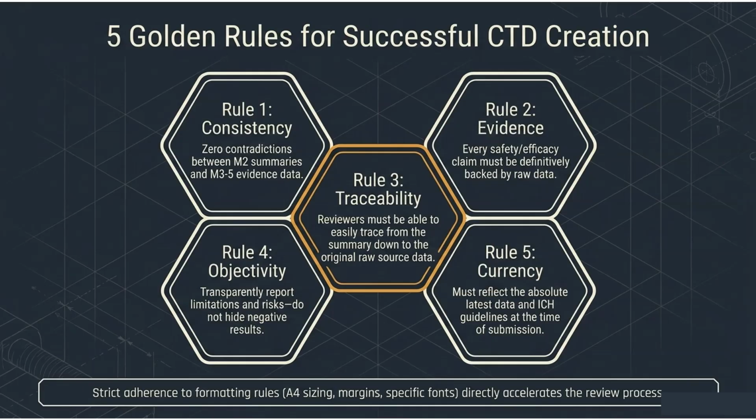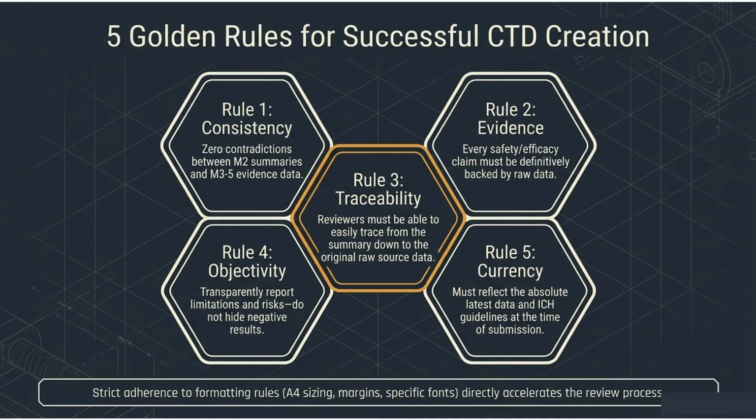Slide 11. 5 Golden Rules for Successful CTD Creation. To successfully create this massive document, you should remember these 5 golden rules. Rule 1. Consistency. 0 contradictions between Module 2 summaries and Module 3-5 evidence. Rule 2. Evidence. Every claim must be definitively backed by raw data.